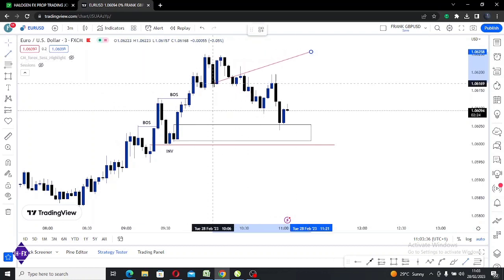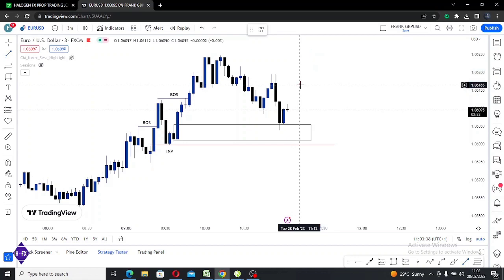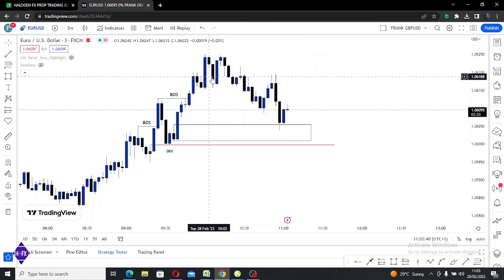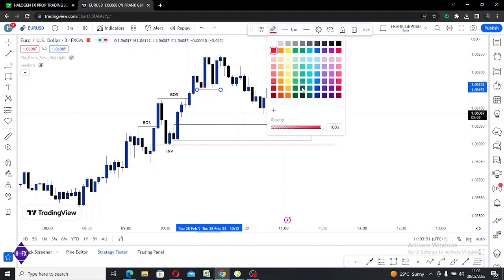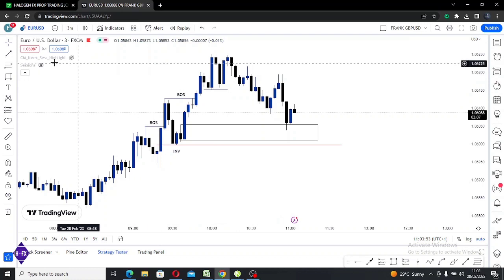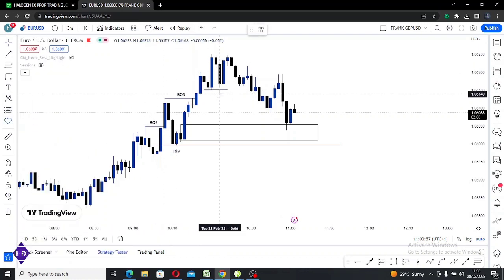Now some people might have got trapped on this order block that led to the second break of structure. This one did not cause any mitigation, so this induced early buyers to hop on the buy. To me, I consider that as liquidity, because it induces early buyers.